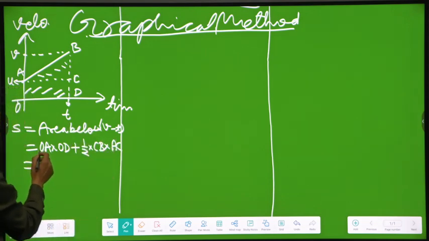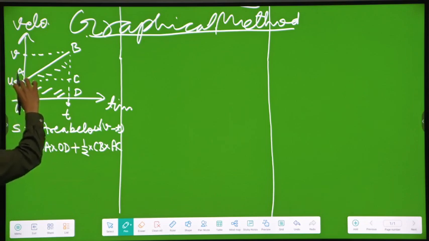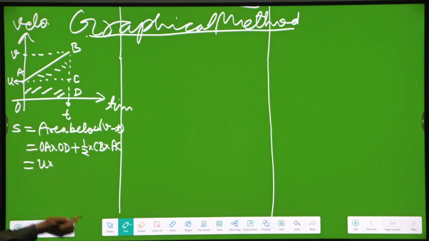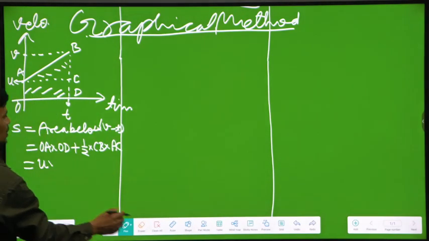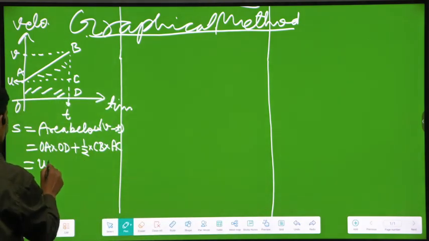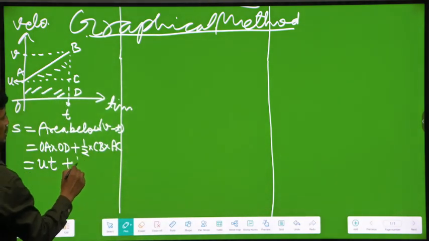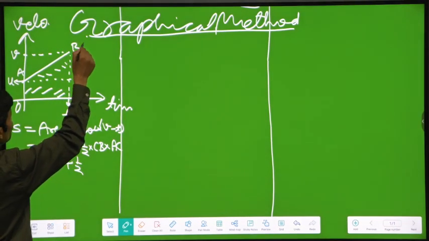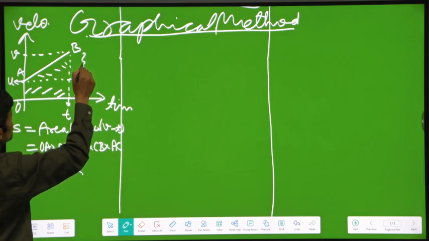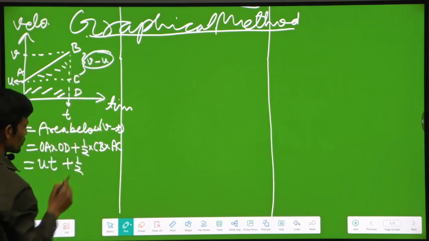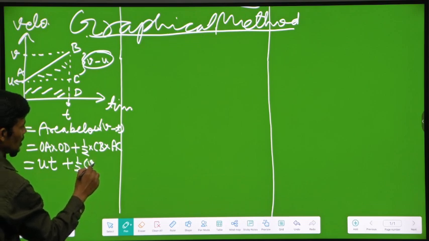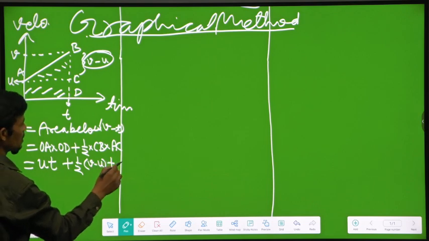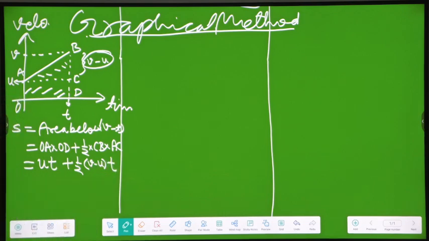Okay, so the value of OA is u, multiplied by OD, which is actually t, so ut it is, plus half CB. CB is neither v nor u. Actually it is v minus u. So it is v minus u, and AC is t. That's all.